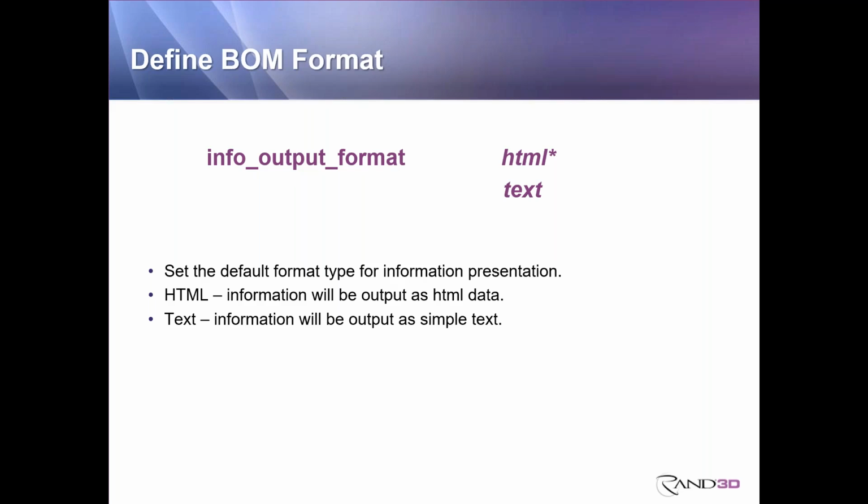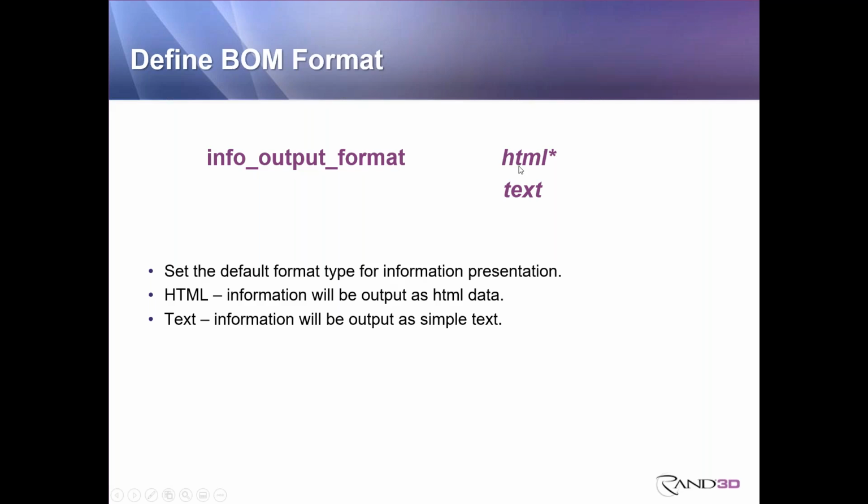You have the configuration option, info output format, which will, if set, allow you to determine the default format type for the information that is presented to you through the BOM report run. You got two options. You have HTML and text.